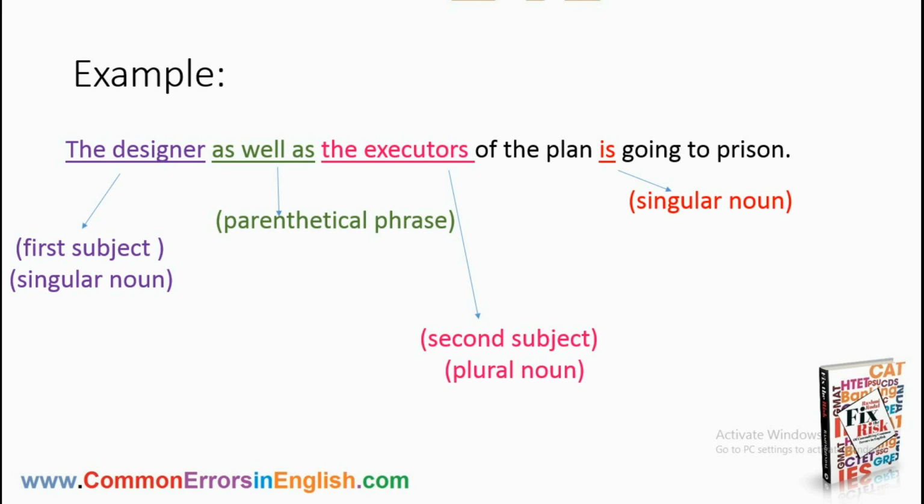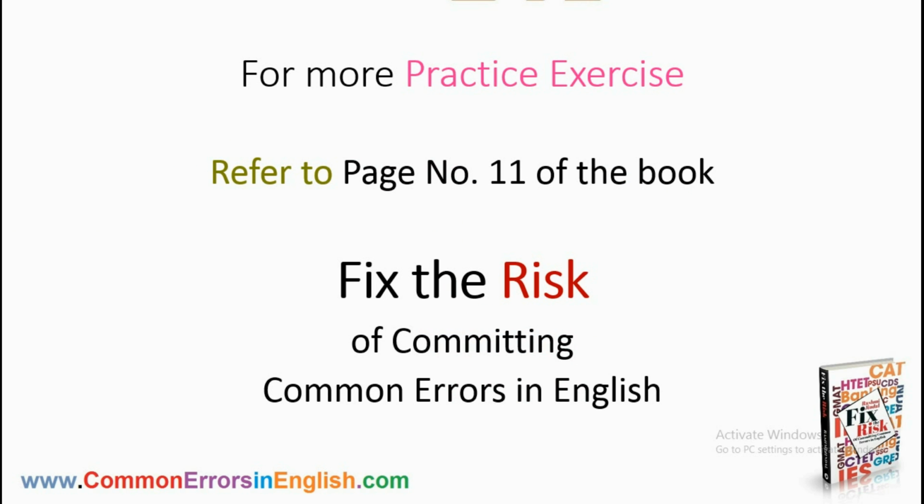With these two subjects we have used parenthetical phrase as well as, but our verb is singular because we have decided the verb according to the first subject, which is a singular noun. For more practice exercise, refer to page number 11 of the book, Fix the Risk of Committing Common Errors in English.